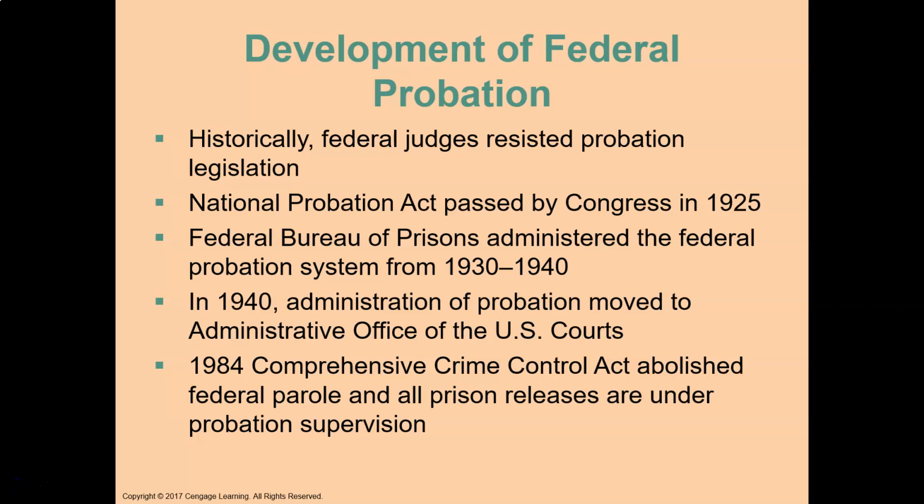So we talked about the fact that probation started in Boston in the United States, and obviously that was a local, smaller scale, but the feds resisted it. They were not very excited about the concept of offenders being able to walk free and live in the community.